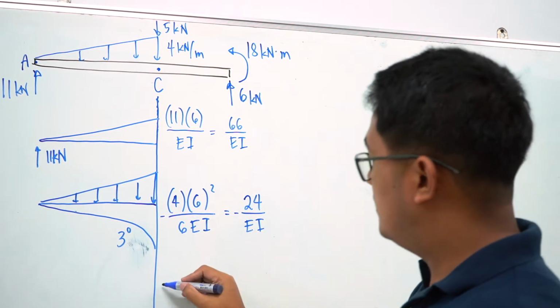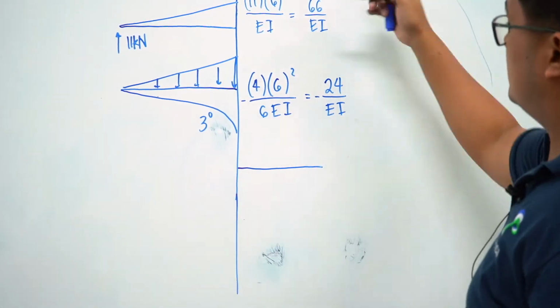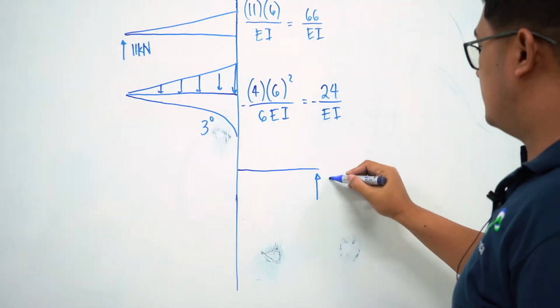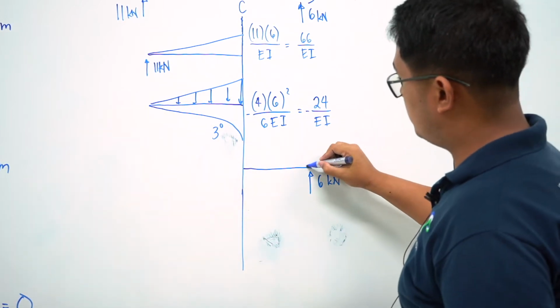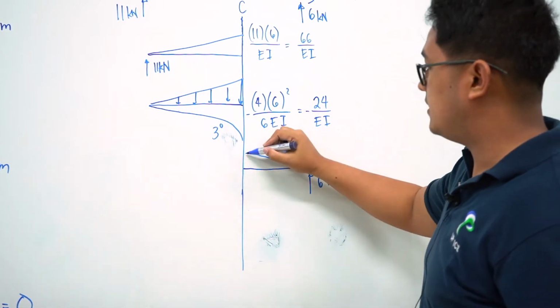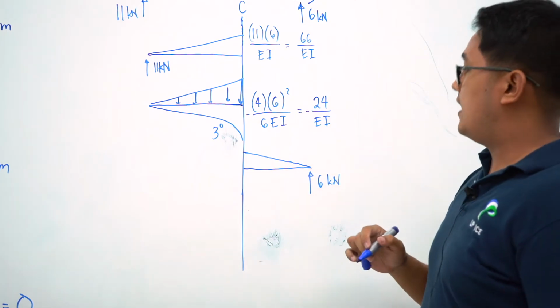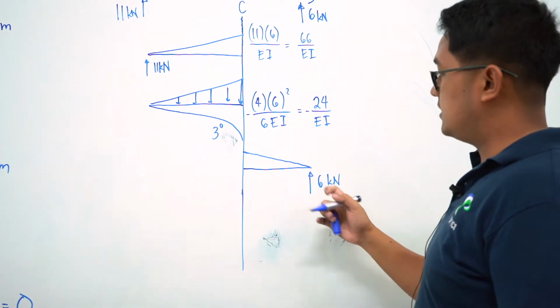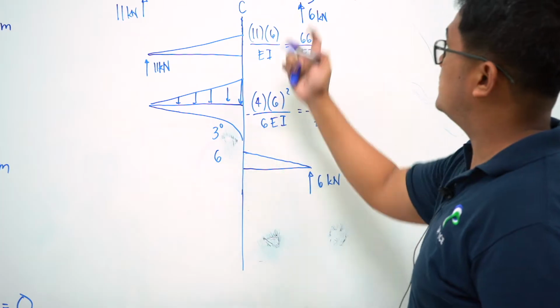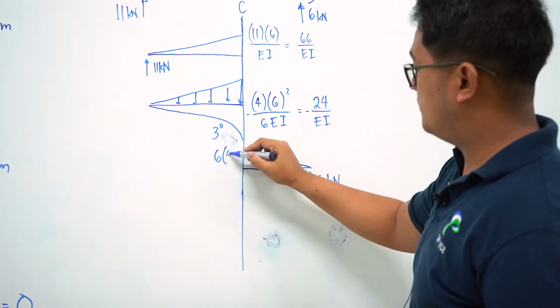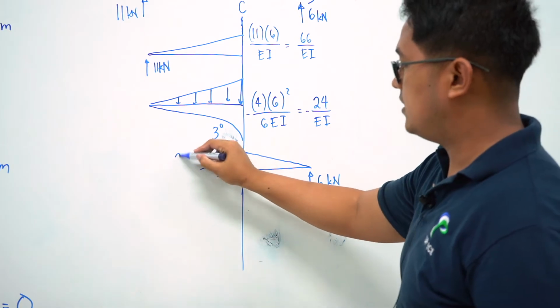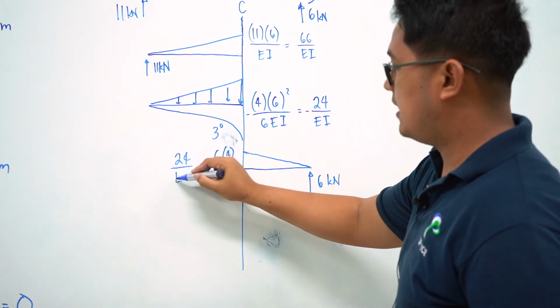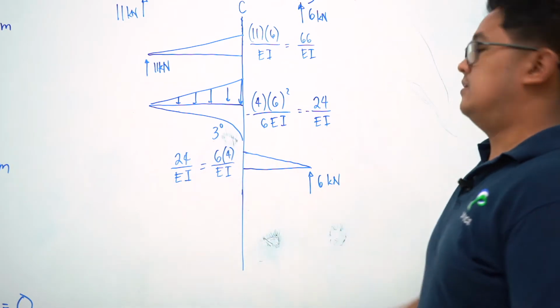Now on the other side, the 6 kilonewton force, similar to the 11 kilonewton force, will produce a triangular bending moment of height equal to 6 kilonewtons times this length, which is 4, over EI. So that is equal to 24 over EI. Okay?